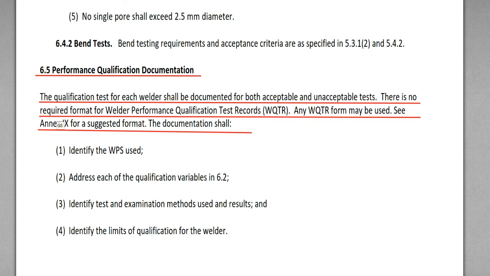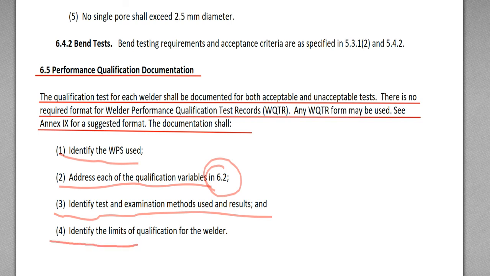See Annex 9 for a suggested format. The documentation shall identify WPS. Number 2, address each of the qualification variables in 6.2 requalification. Number 3, identify test and examination method used and result. And number 4, identify the limits of the qualification for the welder.